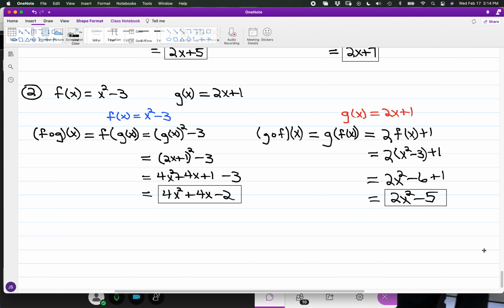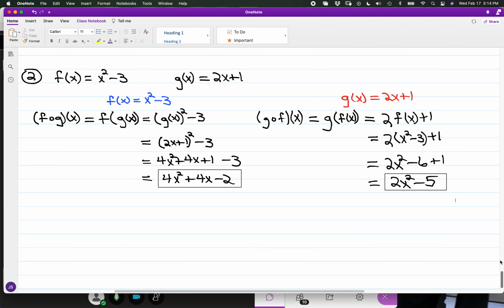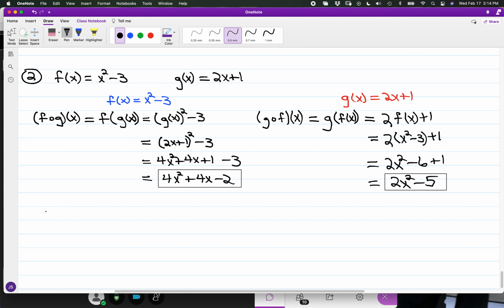And I just want to mention something regarding the composition of functions, and this will be concerning its domain. I'll give a layout for the domain.